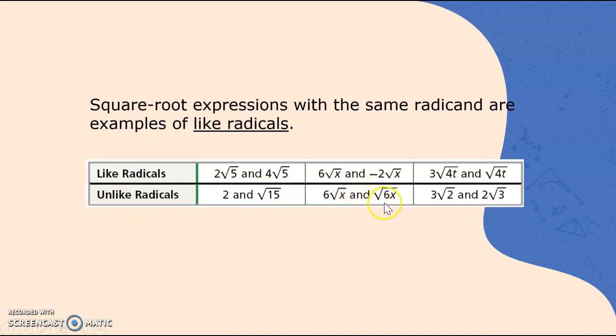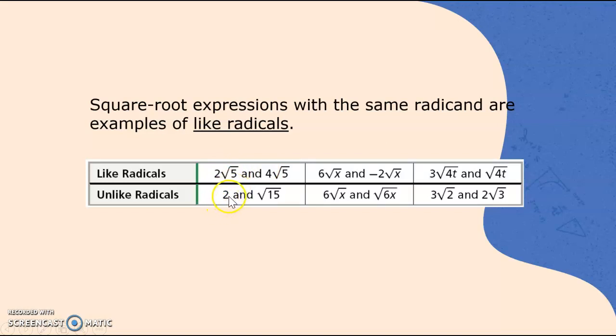6 square root of x and square root of 6x, 3 square root of 2 and 2 square root of 3 are unlike radicals. So if you have noticed, the ones inside the radical are the same. So they are like radicals. And then also their index must be the same. At the same time, the radicand must be the same. So here the index is 2 and the radicand is 5.